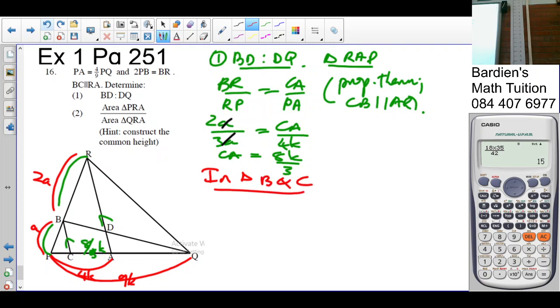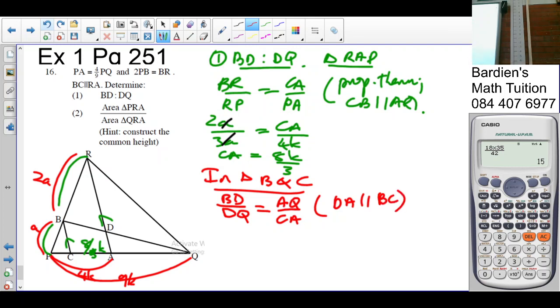We're going to say that BD over DQ equals AQ over CA. There's a proportionality theorem with DA being parallel to BC.